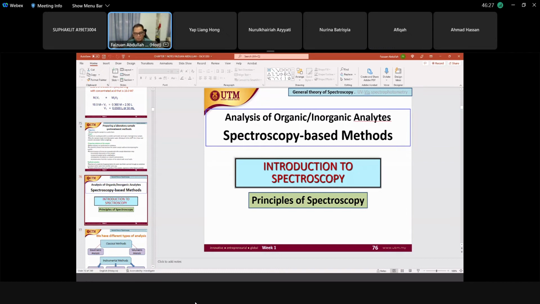Before we had the modern techniques using instruments, we also had gravimetric techniques. We must mix the sample with some kind of reactant, and then we will get the precipitate, and we measure the weight of this precipitate. Then we know how much metal is inside.